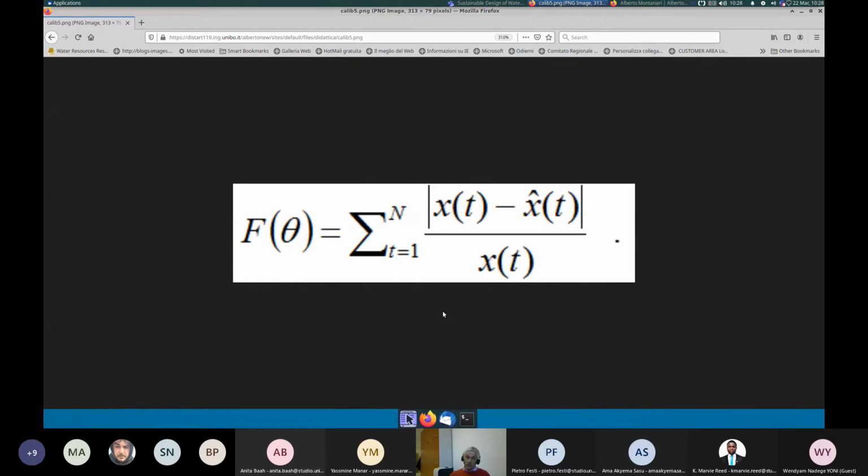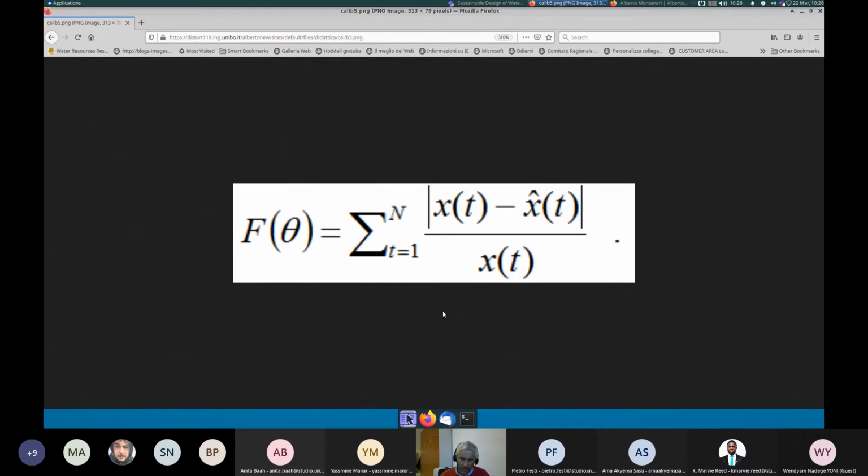So the lower the contribution of that observation to the formation of the objective function, which means that if you take the relative error, then you have an increased emphasis on the low flows. What is the problem? The problem is that it's increased a lot. And in particular, if you have xt at the denominator tending to 0, then you get this contribution tending to infinity.